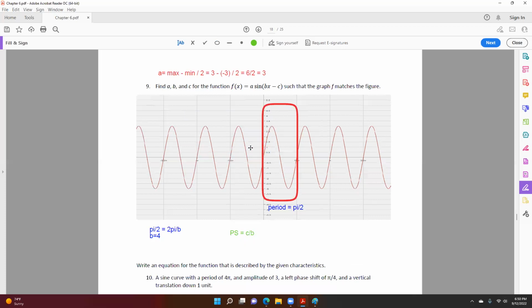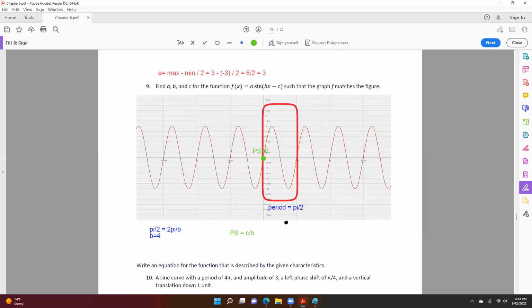The reason is that your point starts at 0, 0. We did not move the graph to the left or to the right, because phase shift means you move your graph left or right. Since it's right on 0, 0, your phase shift is 0.